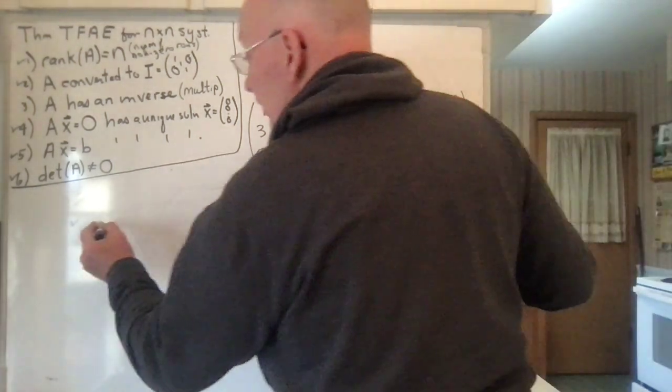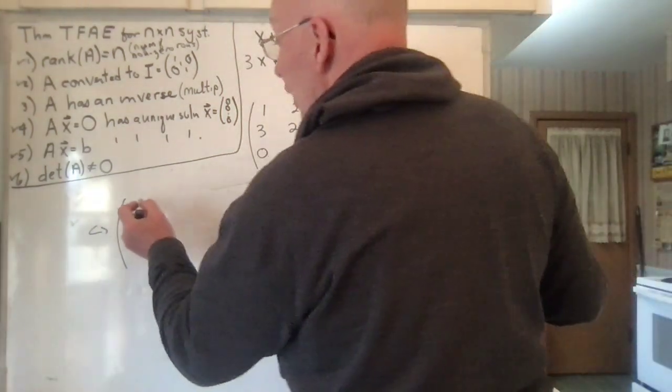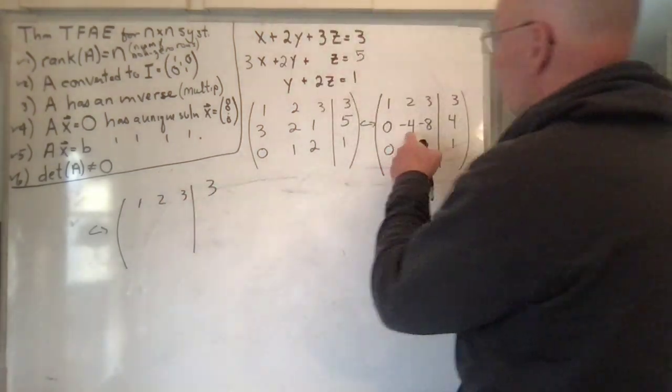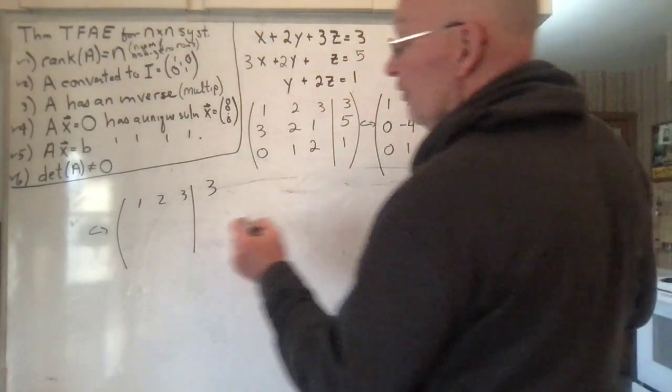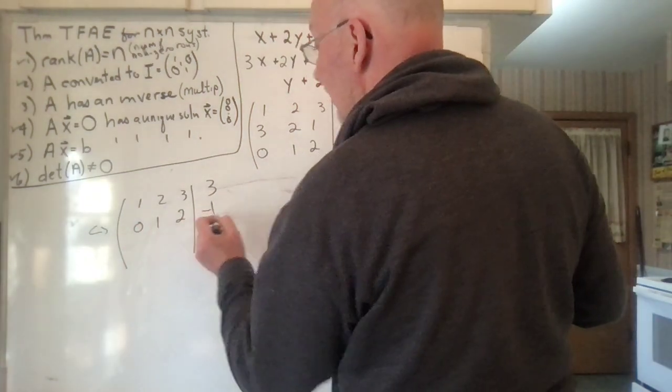by, should I go ahead and do the step here? I guess I might as well. So I'm going to 1, 2, 3, 3. I'll divide all this by negative 4, so I'm going to get a 0, 1, 2, negative 1.